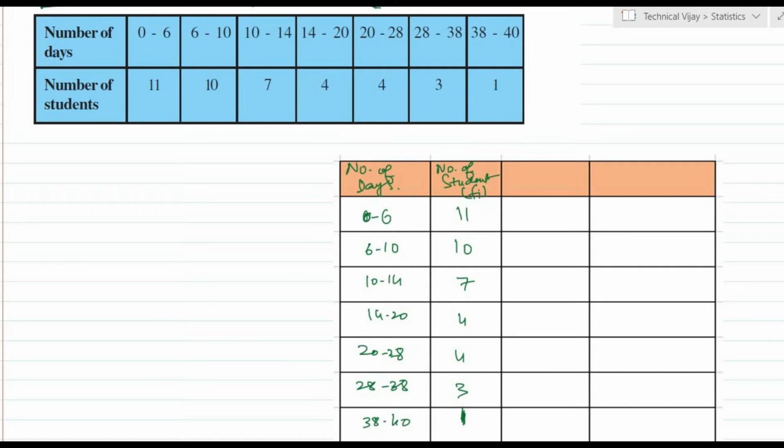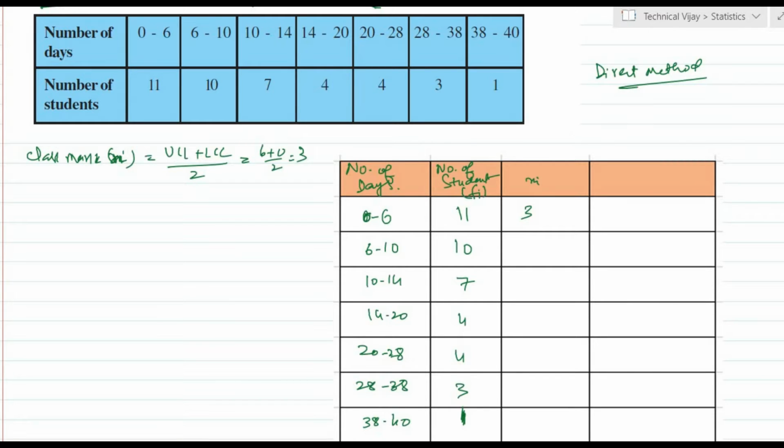So this is Fi, and Xi we will calculate. I will go for the direct method only, because there are fewer numericals. Xi is nothing but the class mark, which is the upper class limit plus the lower class limit divided by 2. 6 plus 0 by 2 is 3. Then 10 plus 6, 16 by 2, is 8.